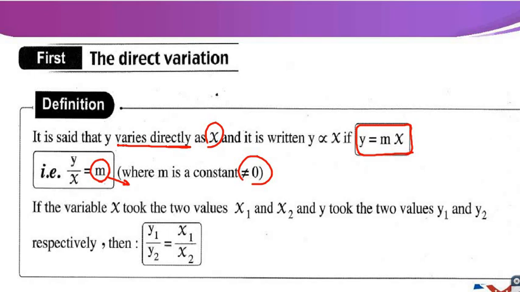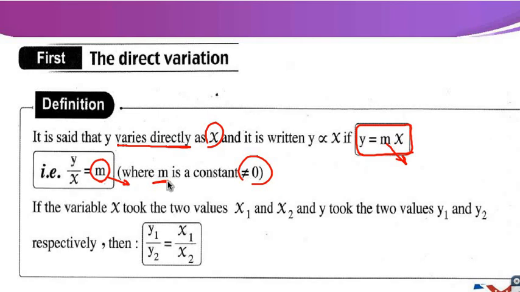Again, direct variation: the relation between two variables. If the value of x increases, then the value of y increases. If the value of y decreases, then the value of x decreases. Then y varies directly as x, then y = mx, and y over x equals m, where m is a constant not equal to 0.